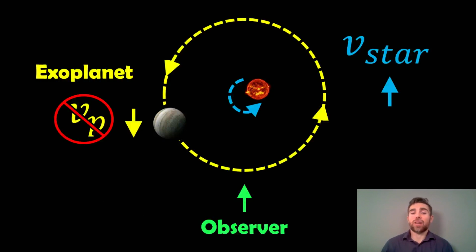But you can also get more information by using the Doppler effect. You can get the radius of the planet by how much light it blocks out, but to get the mass, you need to know the Doppler wobble of the star, because a larger planet has more gravitational force acting on the star, so it makes it wobble more.